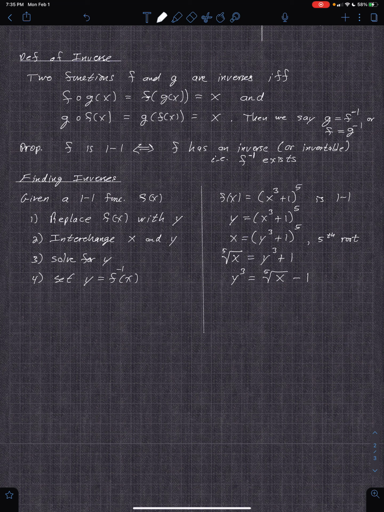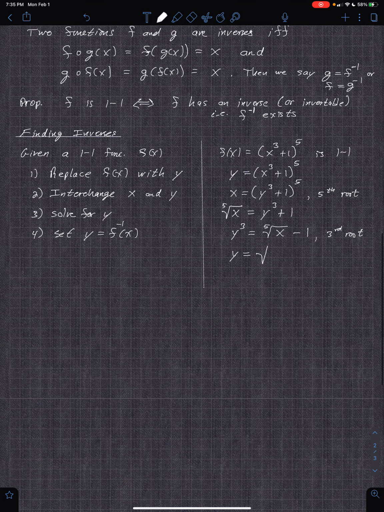Okay, now what? Yes, again, you take the third root on both sides. So y is equal to the third root of all that. So it's the third root of the fifth root of x minus 1.